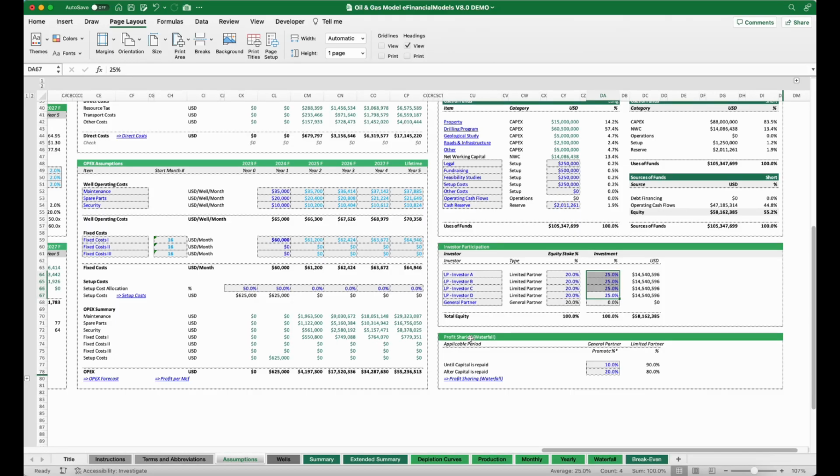We also take into account a potential profit sharing model where we can say until the capital is repaid, the general partner will receive X amount of the profits of the limited partner to compensate for managing the project, and this percentage is foreseen in this model that the percentage can get higher once the capital has been repaid.